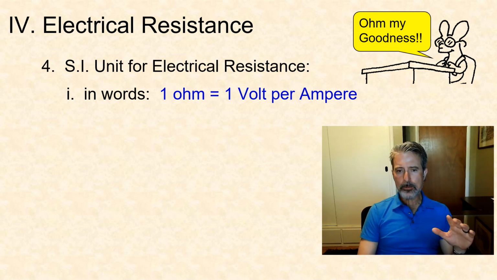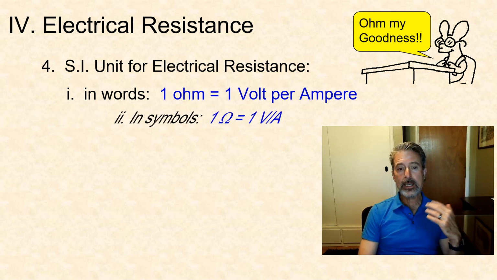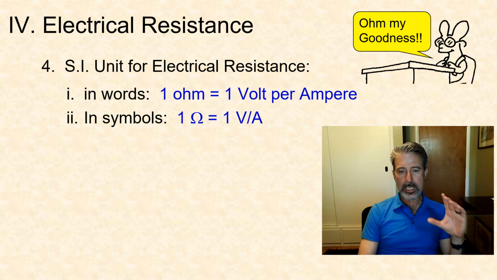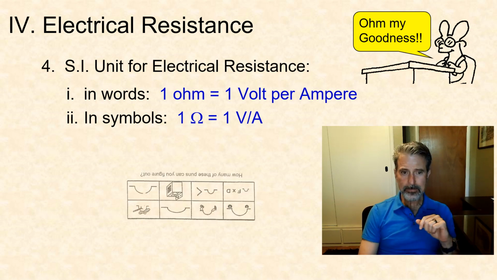Where this definition comes from, you will know very shortly when we talk about Ohm's law. You will see that resistance is a measure of potential difference or voltage per current. That's why we have a unit volt per ampere. Symbolically, we use this capital Greek symbol omega, which looks like an upside down horseshoe, to represent the ohm. So as we said, it is a volt per amp.